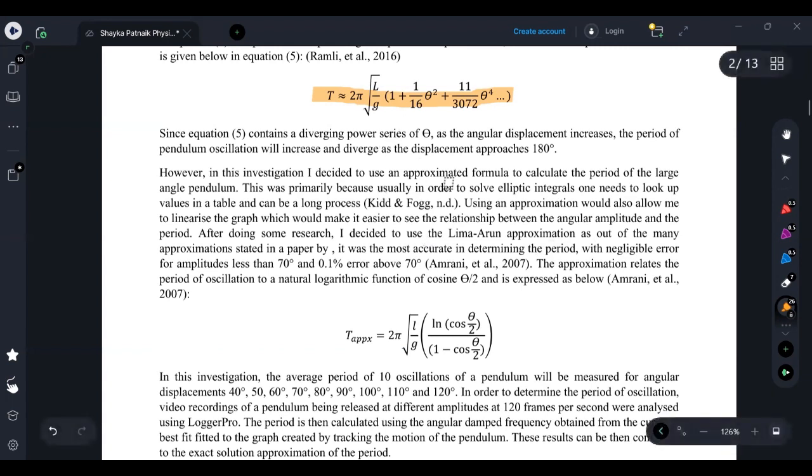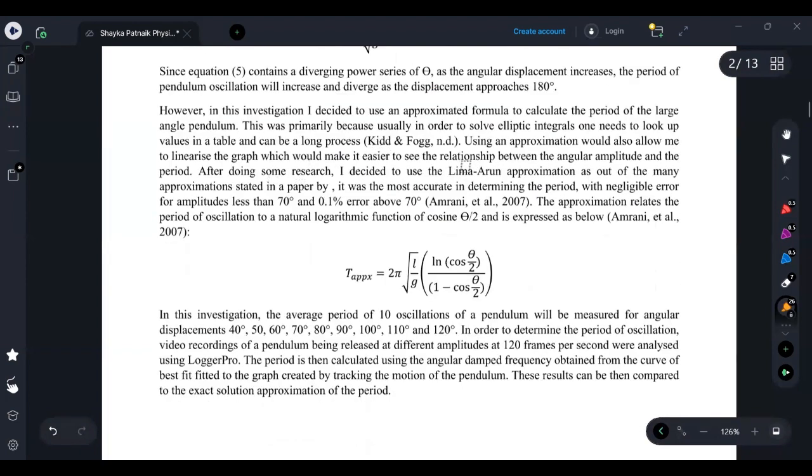But for me, I didn't know how to solve elliptical integrals, and it would be a really long process if I did. And I could use an approximation and make a linear graph, and that would also make it easier to see the relationship between my amplitude and my period.